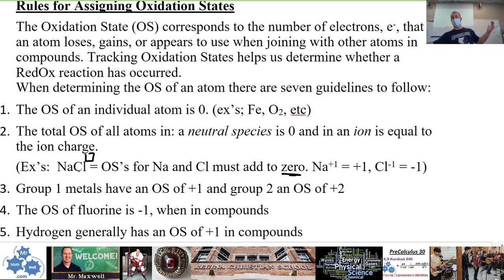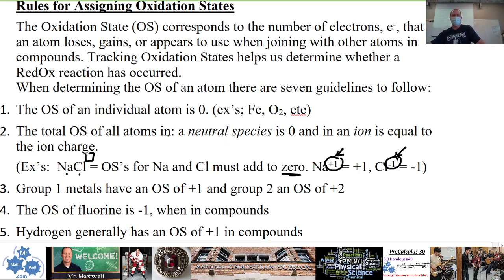Now they both could be 0, but they both could be something else too, right? This is an ionic compound, and sodium forms a +1 ion. That's really the only option for sodium, and chlorine is a -1 ion. And so the oxidation states for sodium and chlorine would be +1 and -1.